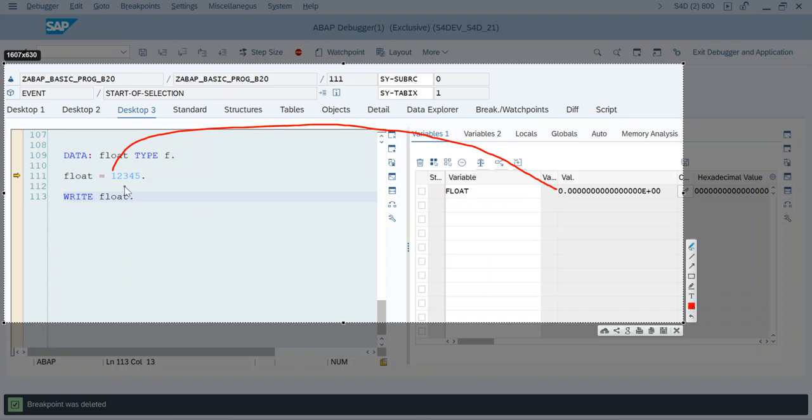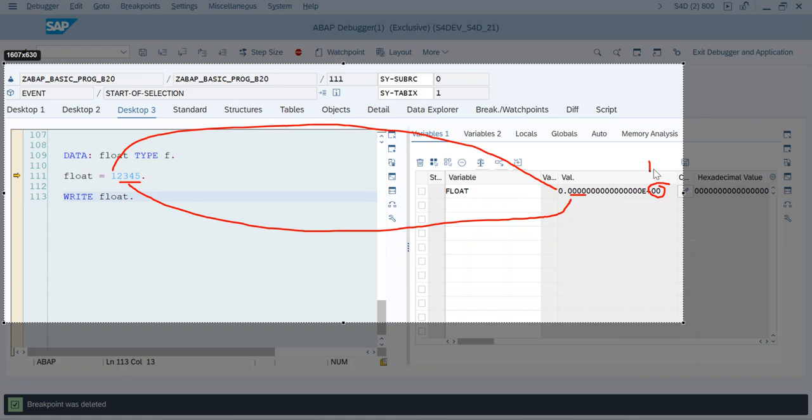And 2 3 4 5, the 4 numbers will be moved to the decimal place. This is the unit place and the other 4 numbers will be moved to the decimal place. Since the 4 numbers belong to the unit place, the last zeros will be updated with 4. That means 4 indicates that the 4 numbers which exist in the decimal place belong to the unit place. This is how floating point will store the data.